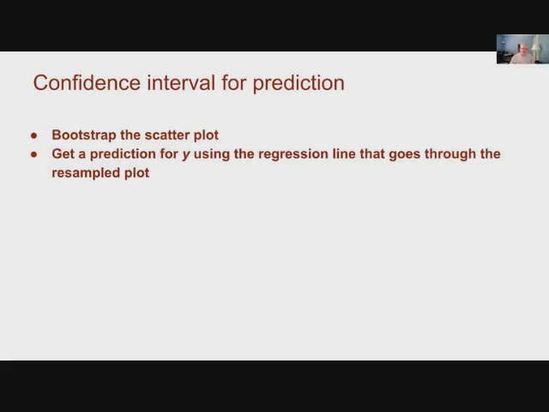If there were 500 samples in our data set, we're going to resample with replacement 500 times, and that is going to give us a new scatter plot. And then with that new scatter plot, we can generate a new regression line. We can make a new prediction.